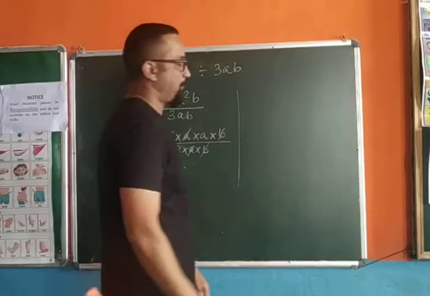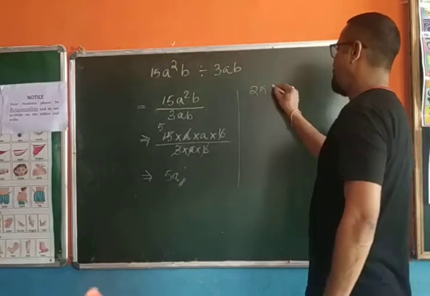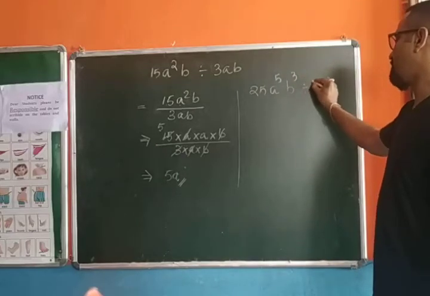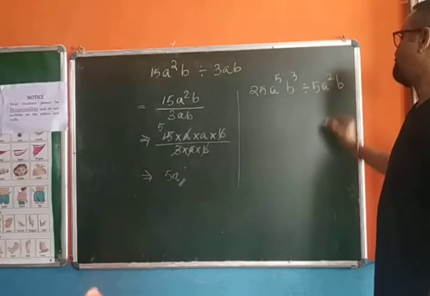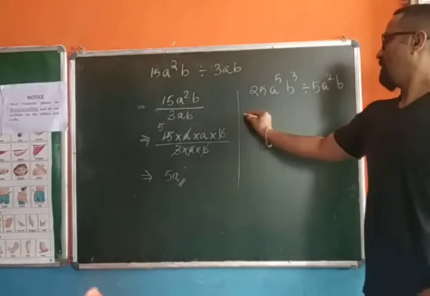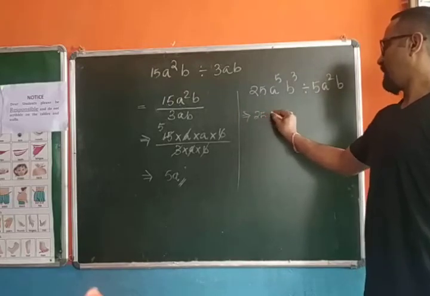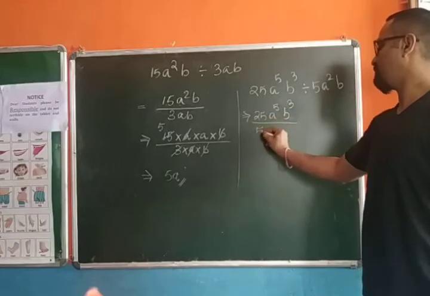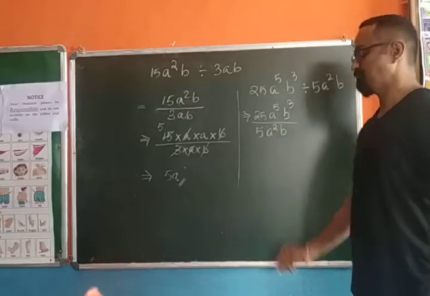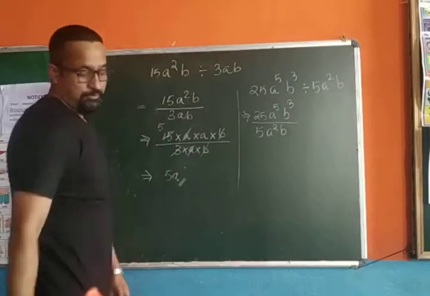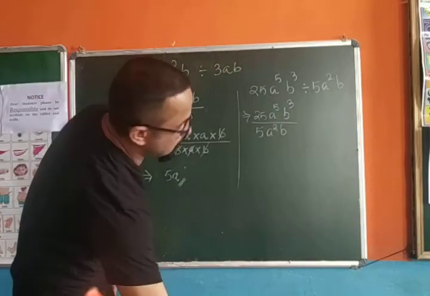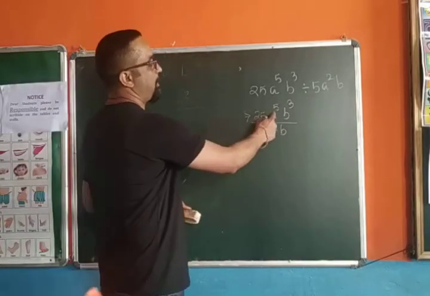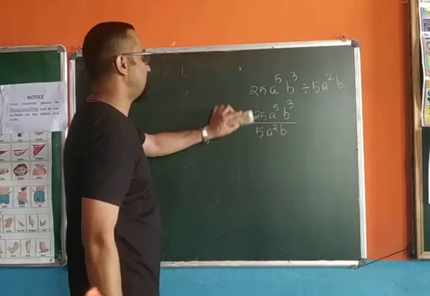Second example, 25 a to the power of 5 b to the power of 3 divided by 5 a squared b. Look at this one. If you look at this division, the power in the numerator is a to the power of 5 b to the power of 3.